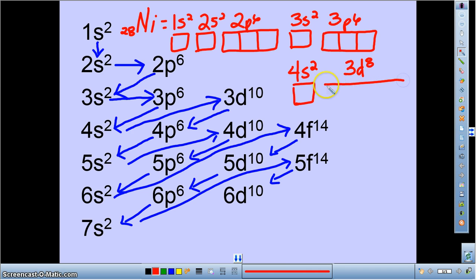For the d orbital, remember that there are 5 different orbitals or rooms for the electrons to go in. So we make sure that we have 1, 2, 3, 4, 5 in this level. So let's go back up and let's look at our orbital diagram, how it would look.